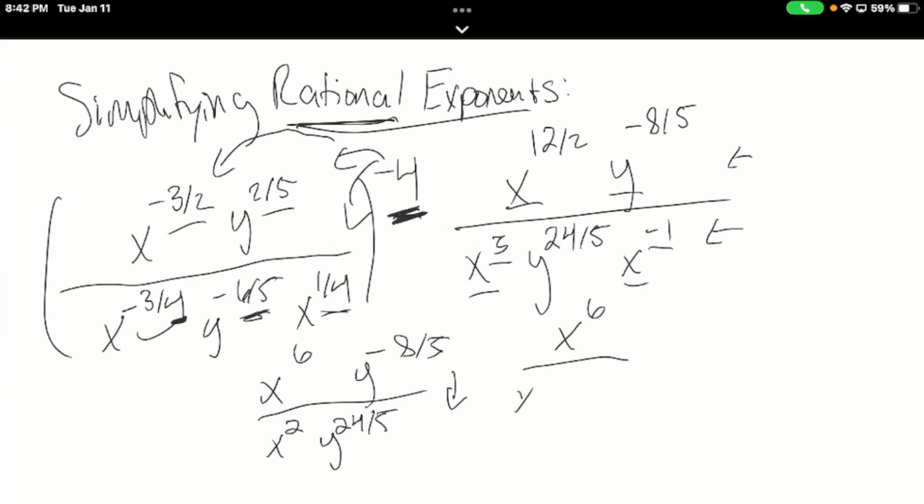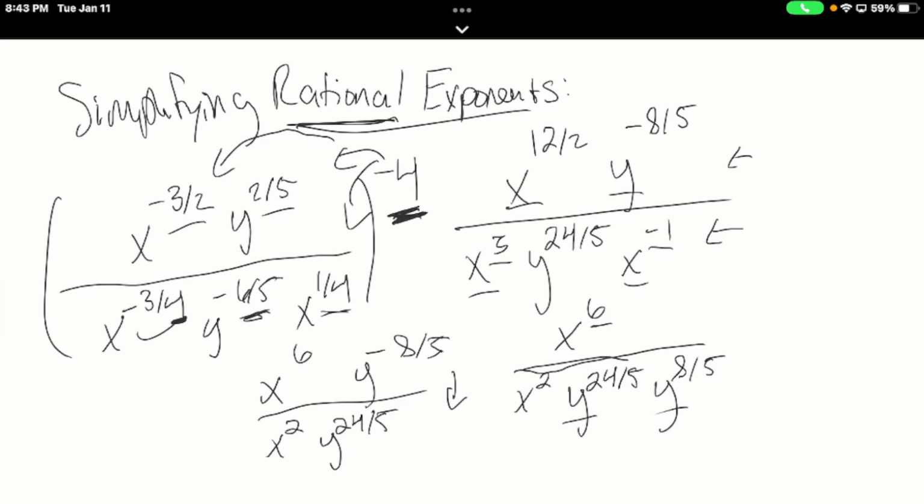I'm going to have an x squared. I had my 24/5 right there, but I moved my y to the negative 8/5 down, making it positive. Now that these y's are on the same level, I can add them together.